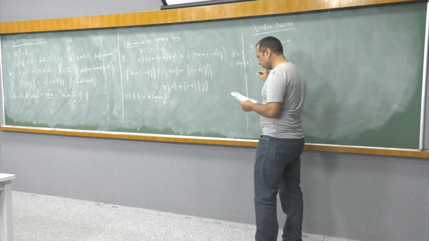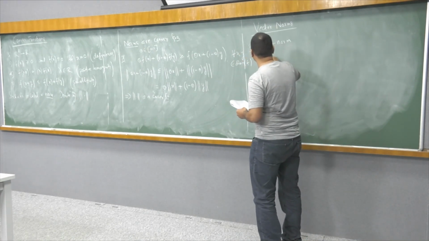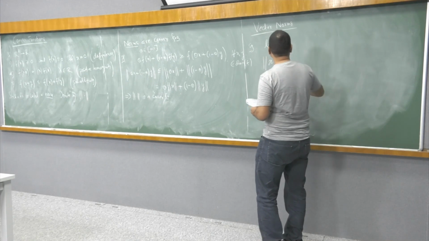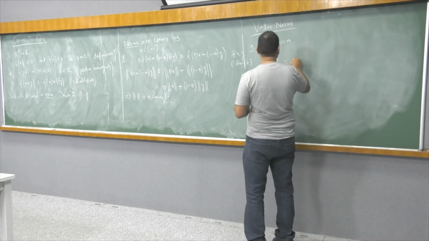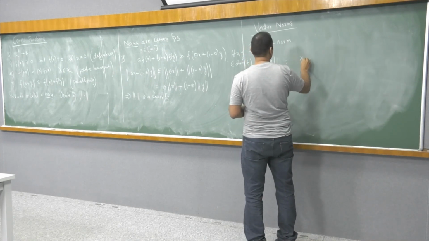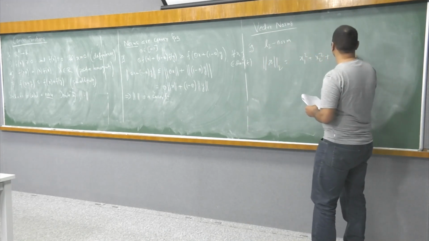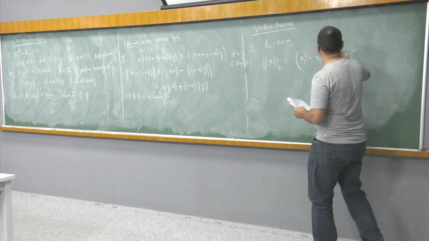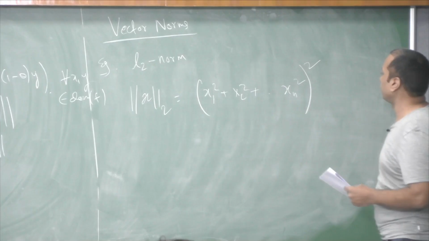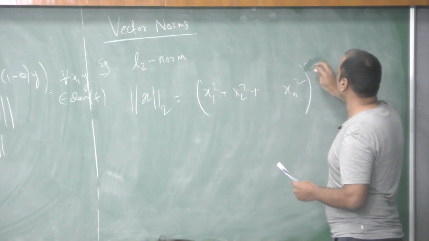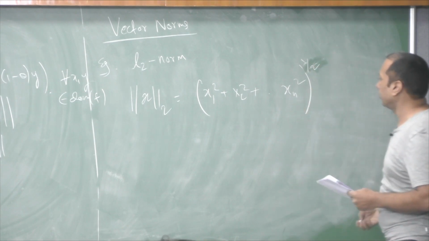In this case we will write this as the square root of x1 square plus x2 square and so on.